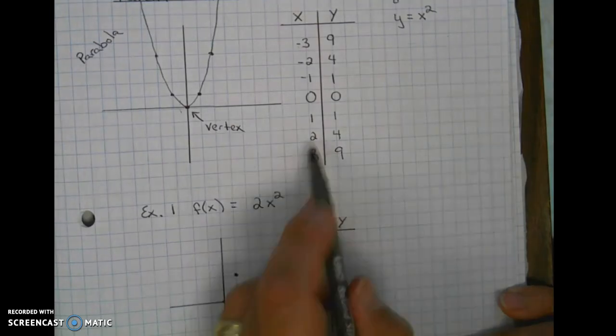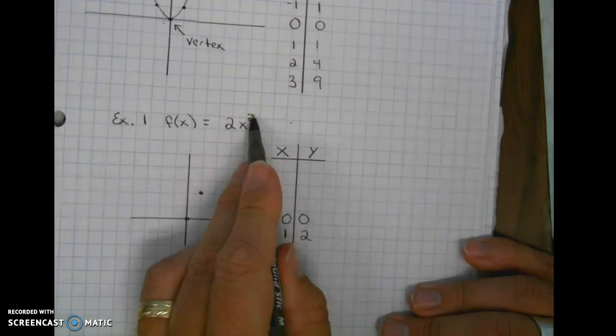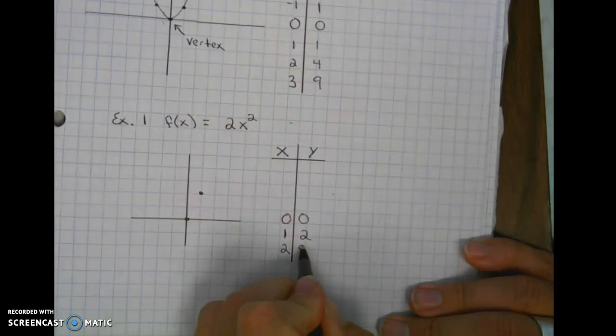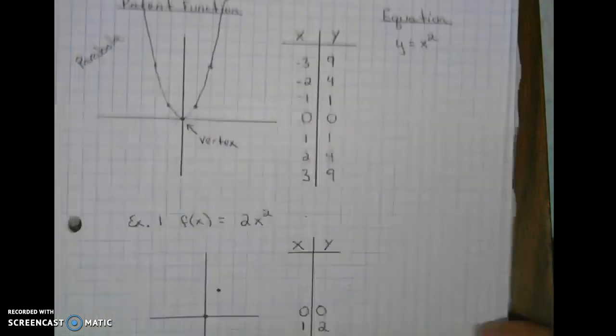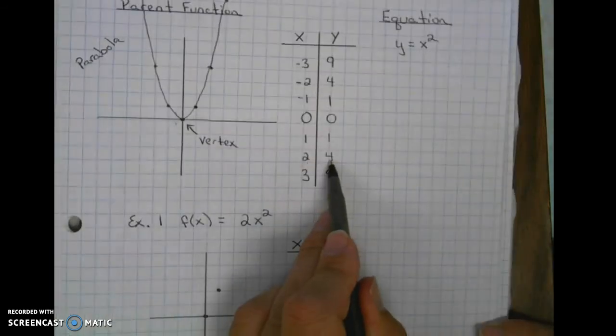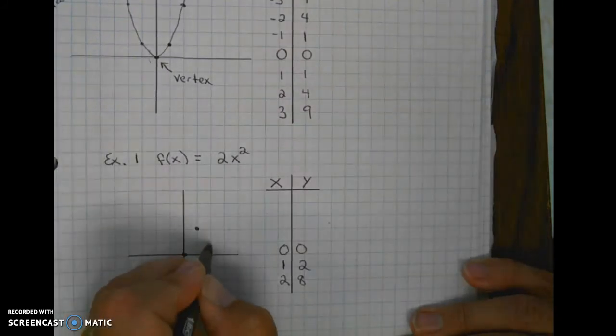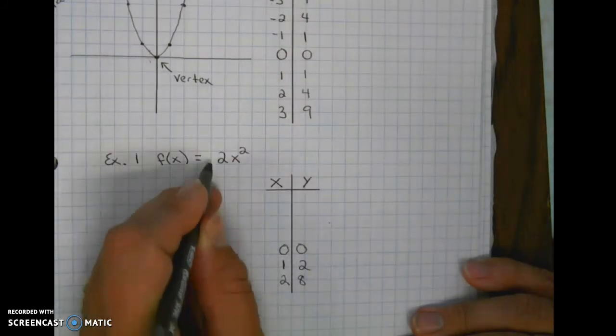So let's plug 2 in. So 2 squared is 4. 4 times 2 is 8. Compare that to the parent. 2, 4. 2, 8. So let's plot that one. So 2, 8.